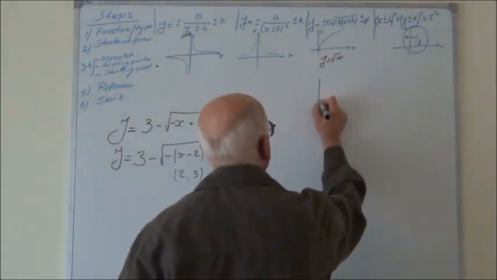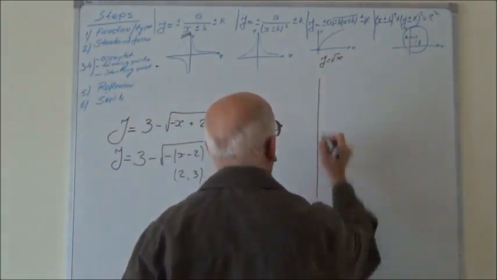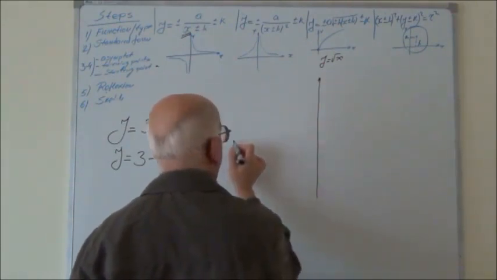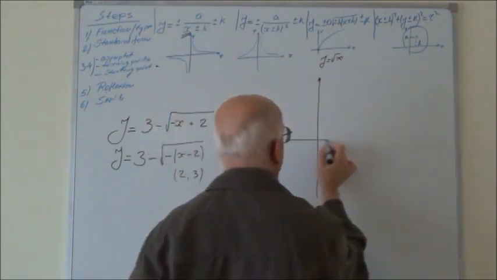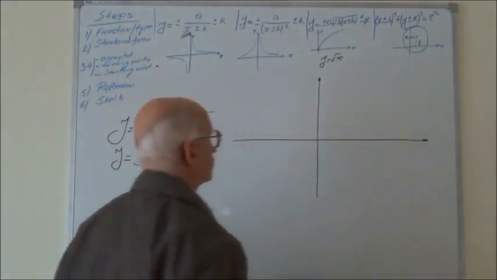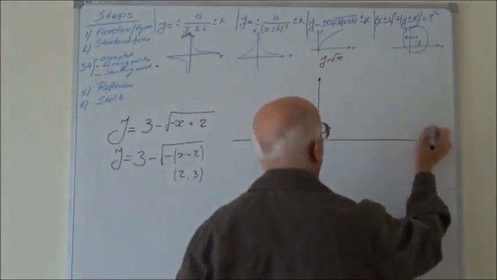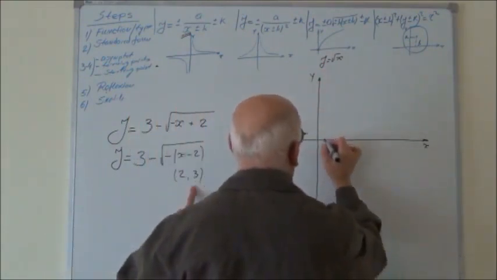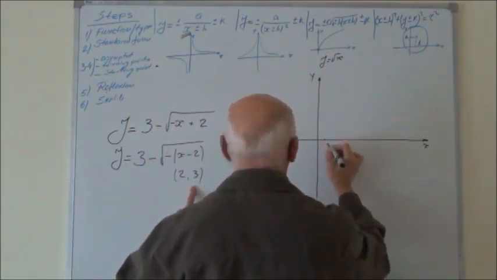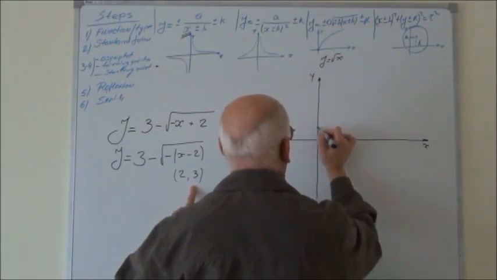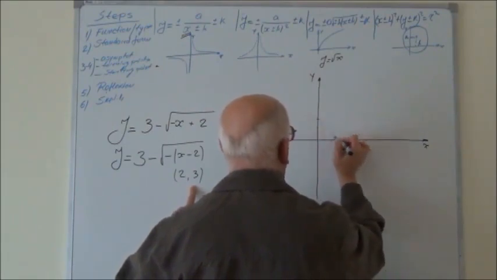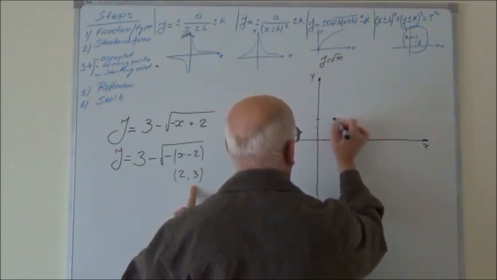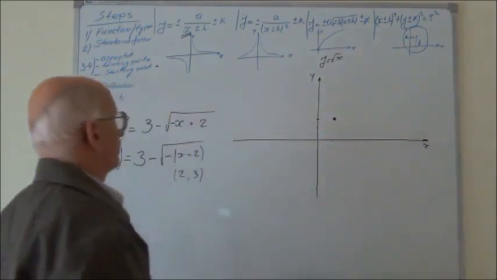In that case, to avoid keeping too many different graphs in your head to come to the final one, simply plot your point, 1, 2 and 3 units up, 1, 2, 3 units up, so your starting point should be somewhere here.